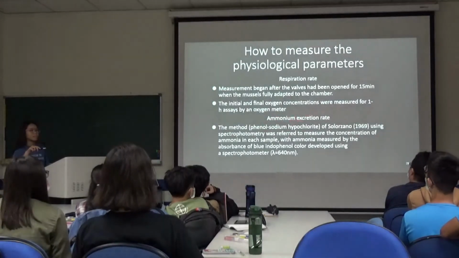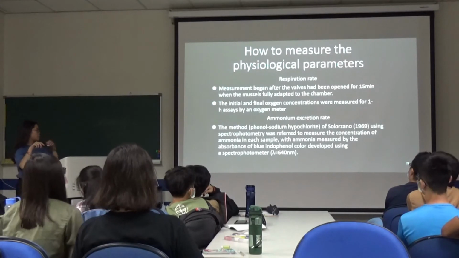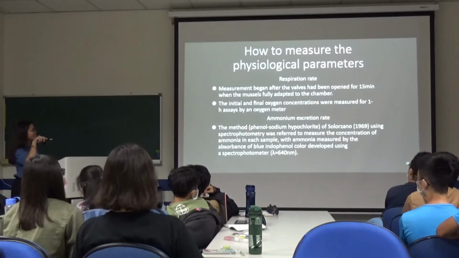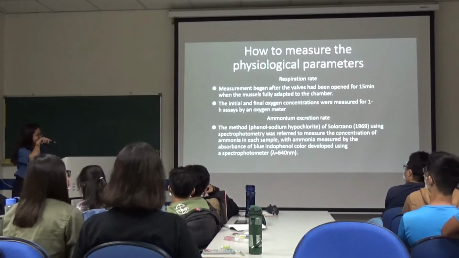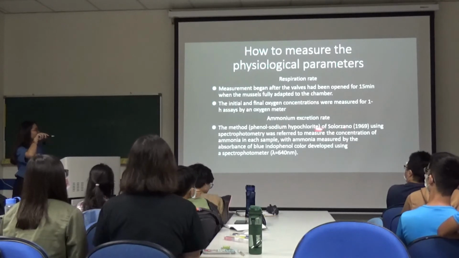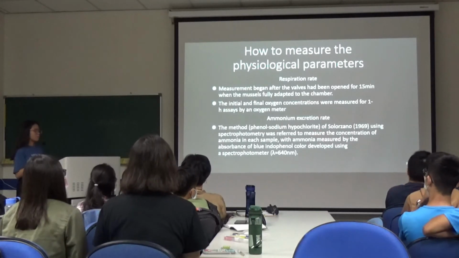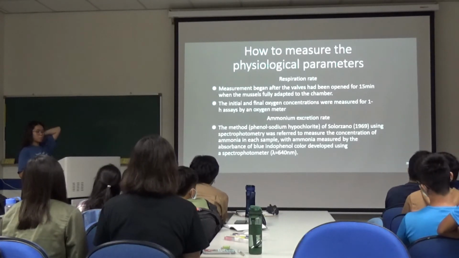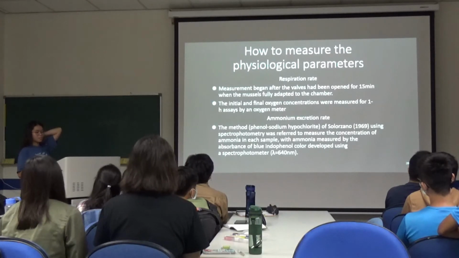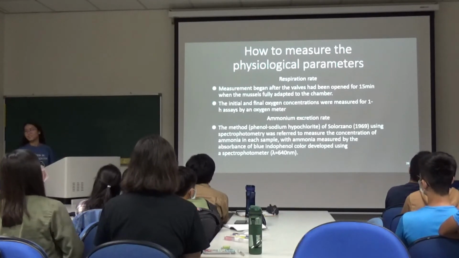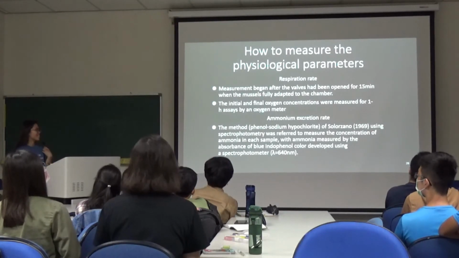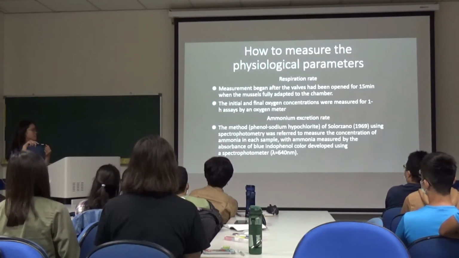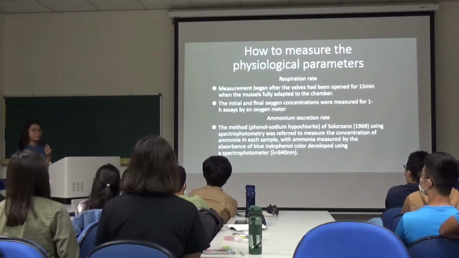The method to measure it is using spectrophotometry. We will measure the concentration of ammonia in each sample by the absorption of blue indophenol color, like, I don't know how to say it. Yes, we use this equipment to measure.